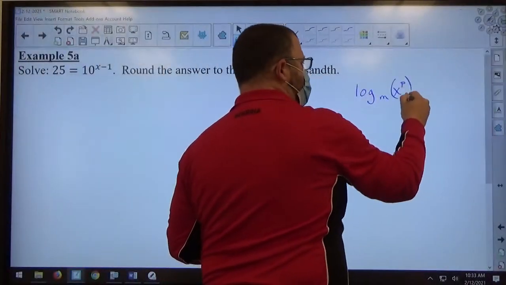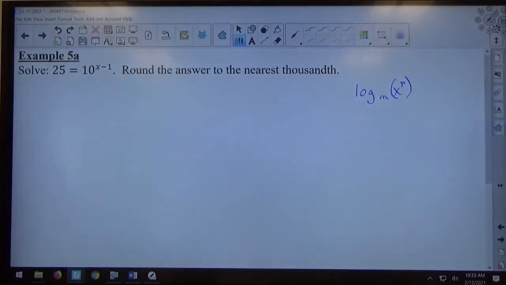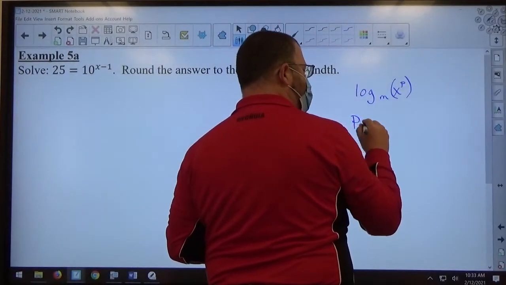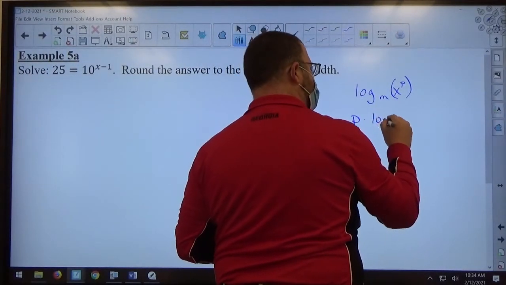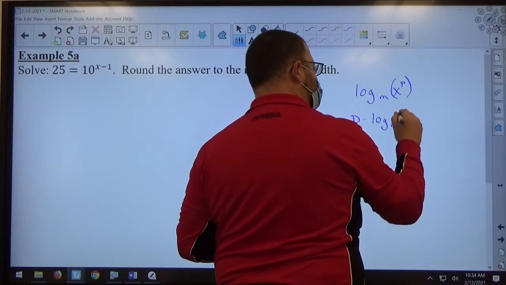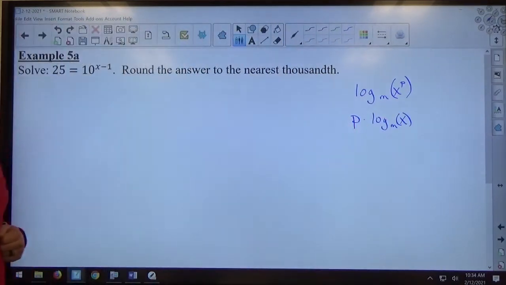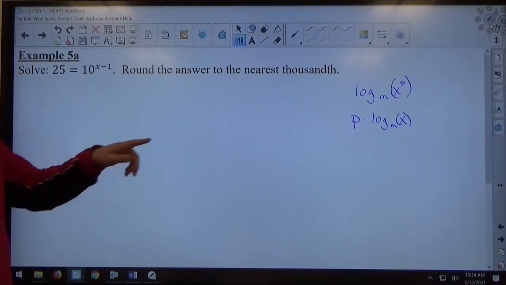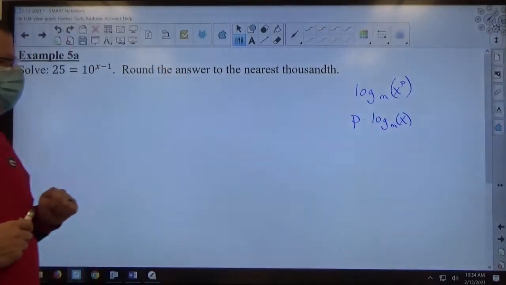So this is what we're taking the logarithm of, and again the base doesn't matter, it can be any base whatsoever. If you have that structure, you are legally allowed to pull the power out in front of the logarithm like so. So if I have a power expression like this, 10 to the x minus 1 power, and I have log of that expression, I can legally transform it into this technique here.